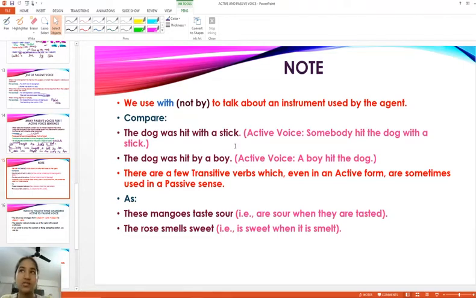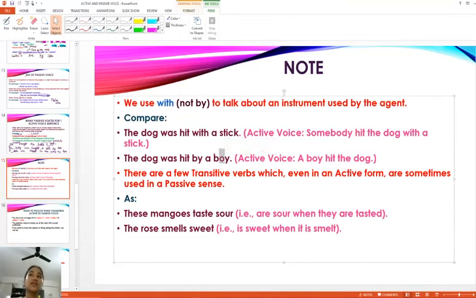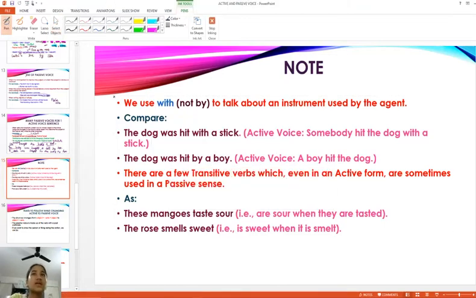Somebody hit the dog with a stick. That's correct. The dog was hit by a boy, but basically when some living thing does the action, then we use by. But when it comes to non-living things, we use with.